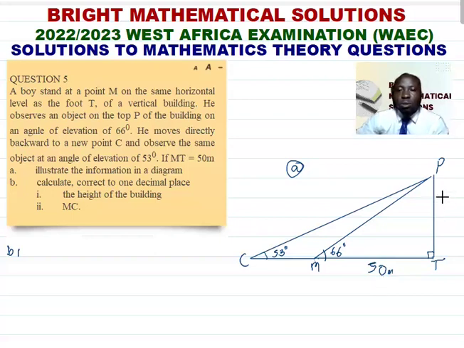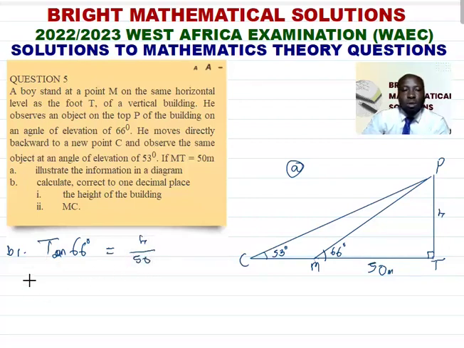So this is opposite and this is the adjacent, so we are going to use tan. So tan 66 degrees equals, let us call this h, because that is the height of the building, h all over 50.